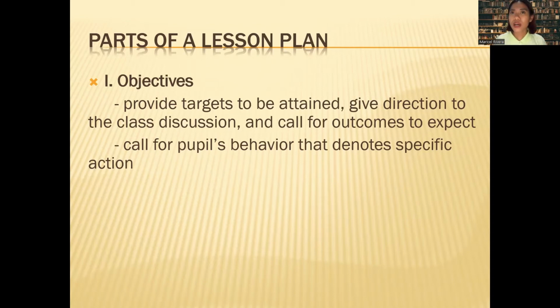I was telling this last session to the other section that if we are going to say cognitive, affective, and psychomotor, we definitely have to have one objective per domain. It should not be like two are cognitive and one is psychomotor, and there is no affective. You have to make sure there is one cognitive, one affective, and one psychomotor.